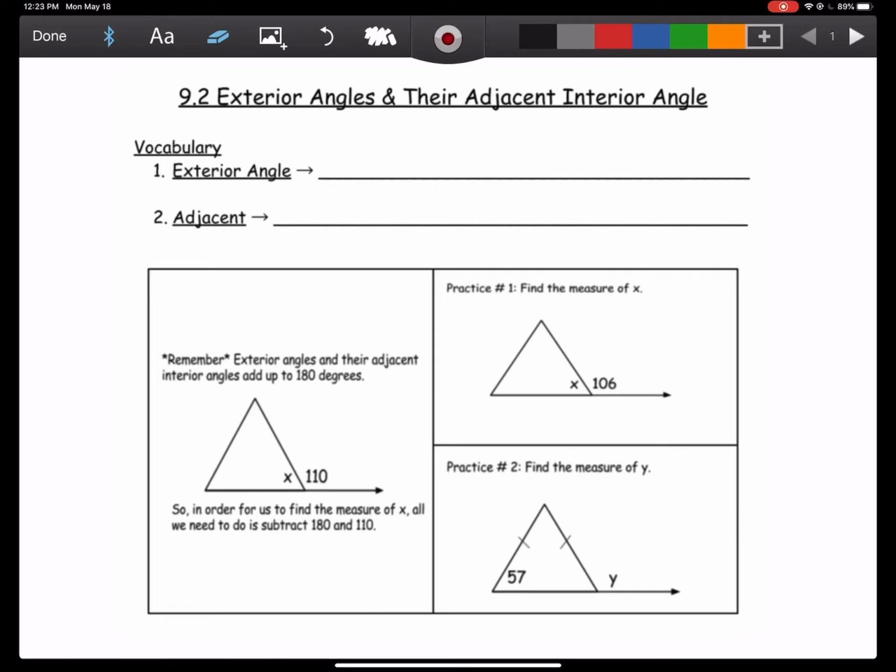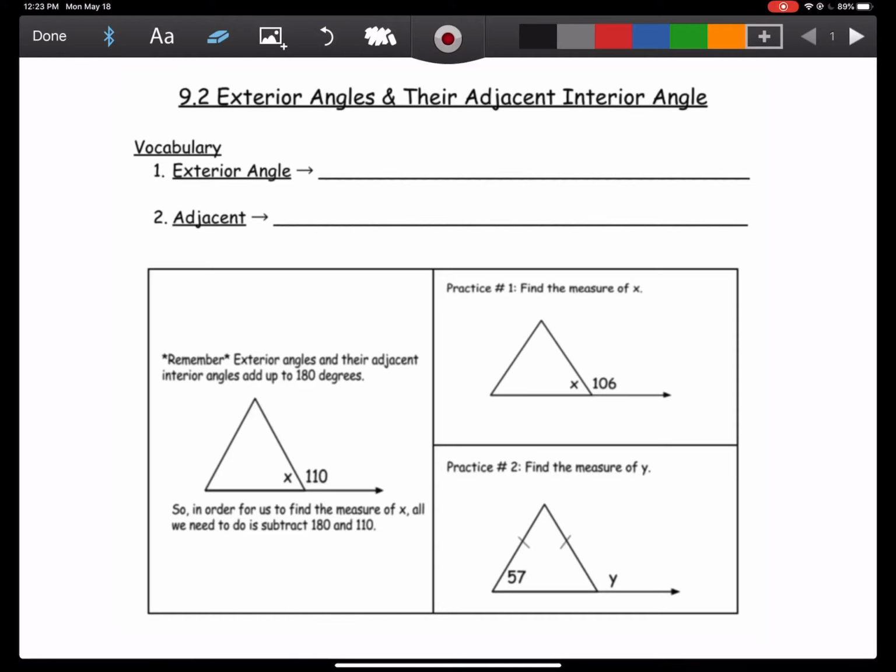Think about what exterior angle means to you. You've heard about exterior before. You know what the exterior of a home is. You know what exports are. They all mean to be out, to go out, be on the outside, and this is no different.